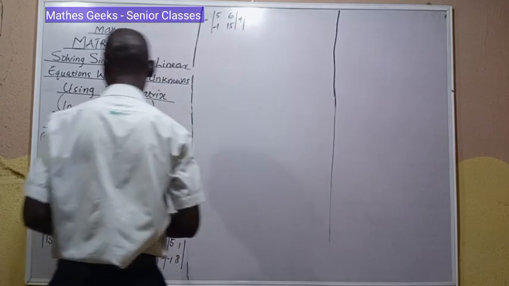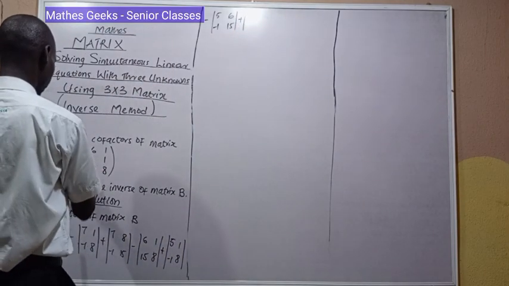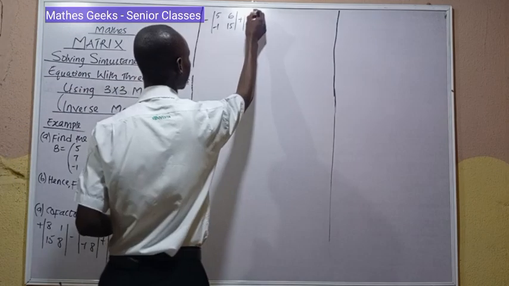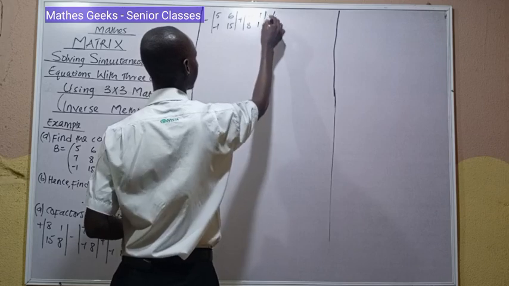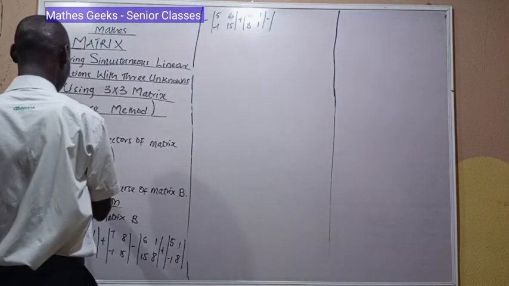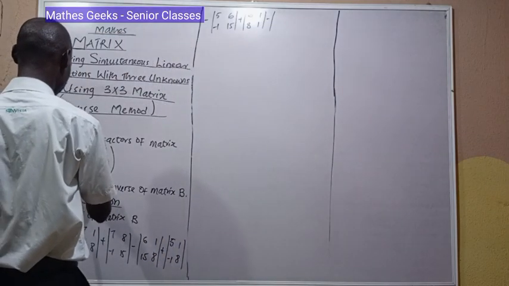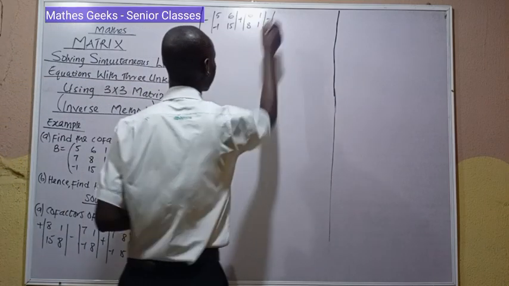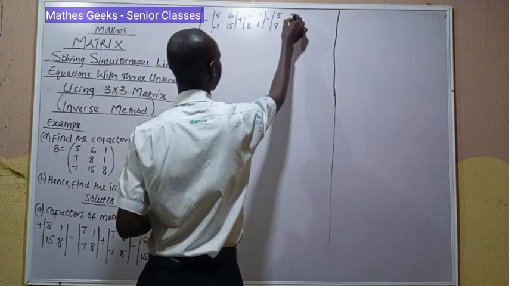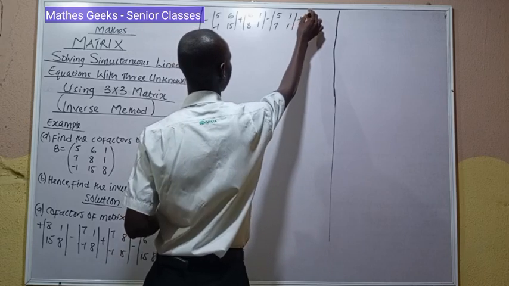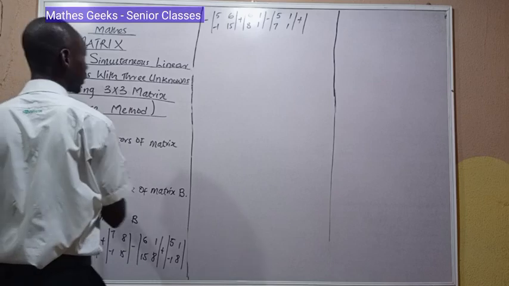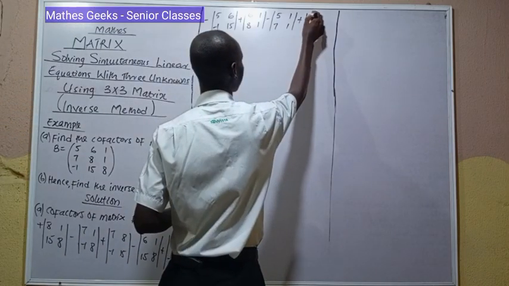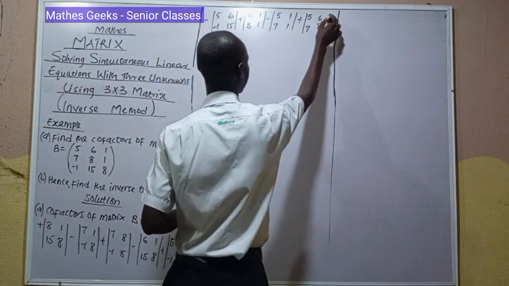Plus third row, first column: 6, 8, 1, 1. Minus third row, second column: 5, 7, 1, 1. Plus third row, third column: 5, 7, 6, 8.